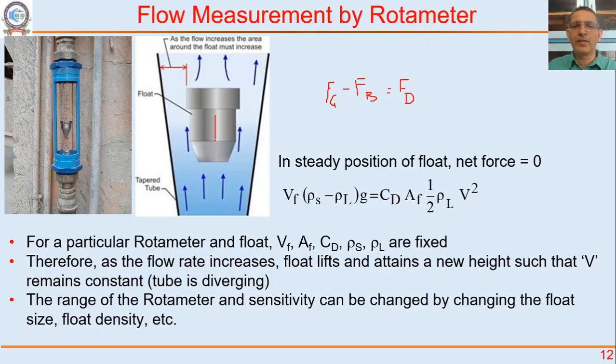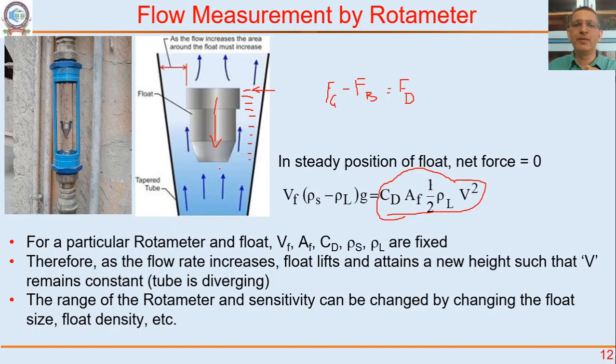The downward gravitational minus buoyancy force is exactly balanced by the drag force, and that's the position at which this float is floating, and there is a marking here. So there are markings on this tube, and you can read the marking, and then you can calibrate it and know the flow rate from here. So from the point where the float is floating, you can calculate the flow rate.